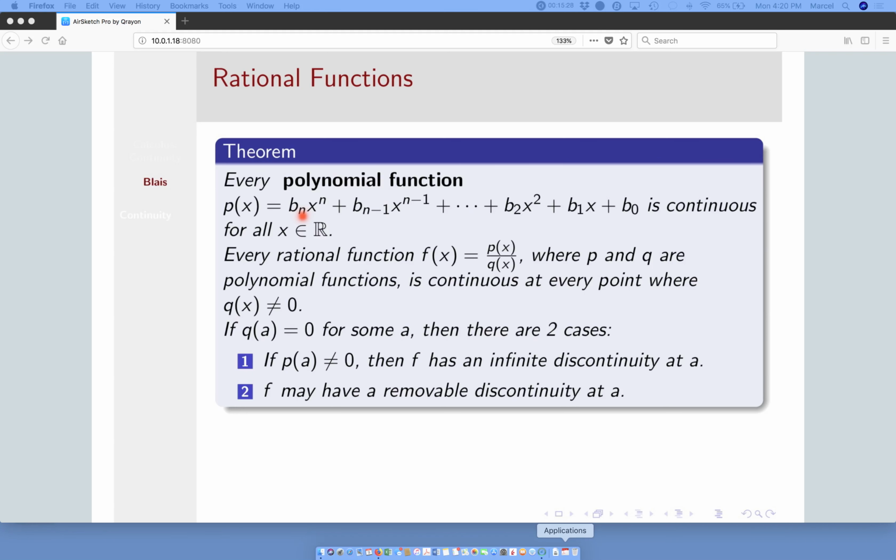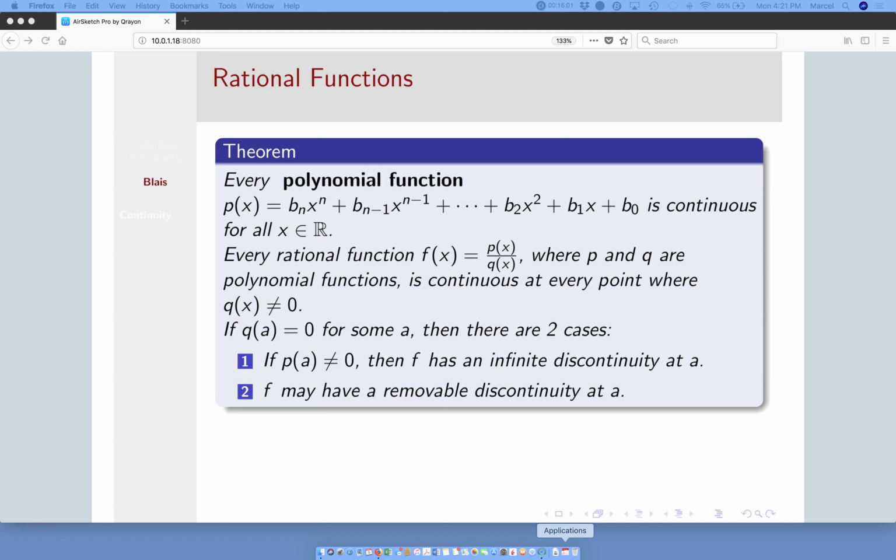So these bn, bn minus 1, down to b2, b1, b0, those are just coefficients. n is the highest power of x in the polynomial, and then we work our way down. So if you had a fifth degree polynomial, x to the fifth, this n would be 5. And the bn would be the coefficient of that x to the fifth term. And it is true that every polynomial function is continuous as a function for every x.